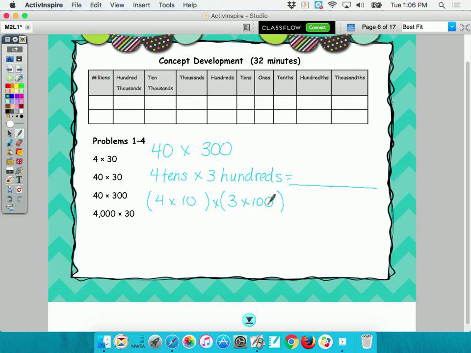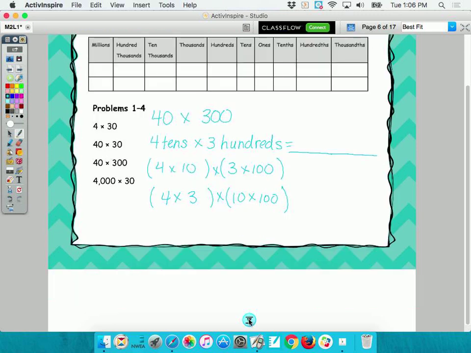Okay. Now that we've got our numbers grouped, let's switch some numbers around. 3 and 10. Okay, so who said that? Lexi said switch the 3 and the 10. Do you agree, boys and girls? Yes. I do too. So now I have 4 times 3 times 10 times 100.